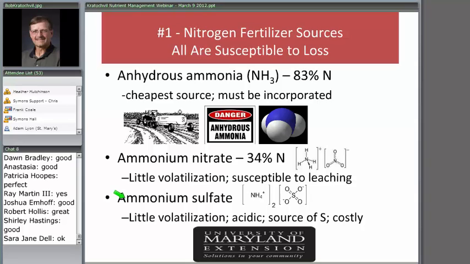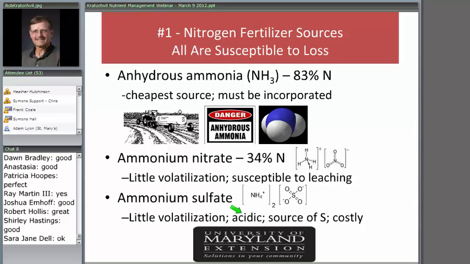Ammonium sulfate. This is an ammonium, or two ammonium ions, attached to a sulfate ion. In this case, you have little volatilization potential, again because of the binding that occurs between the ammonium and the sulfate.